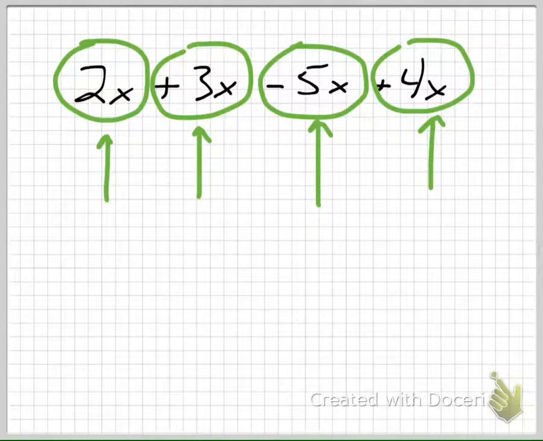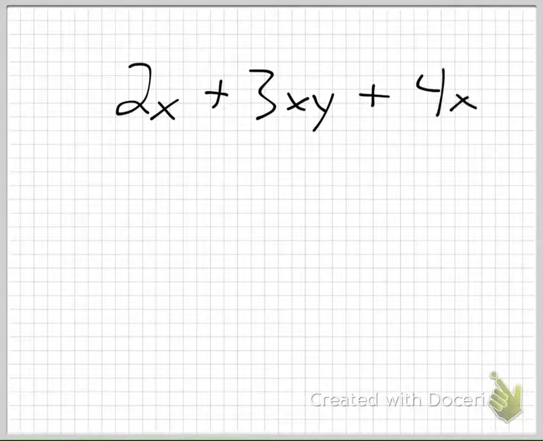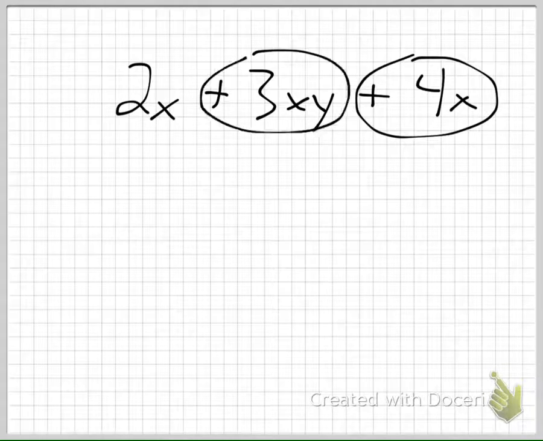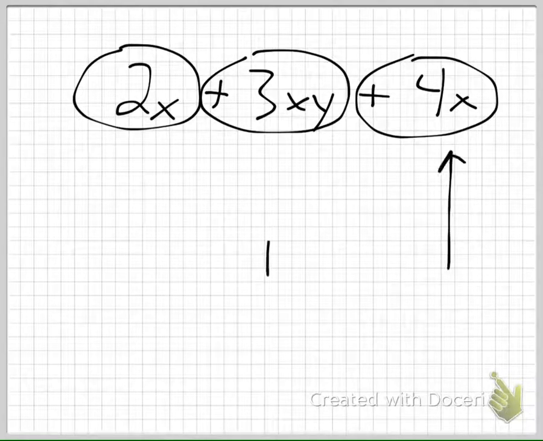Since that's true, they're like terms. If it was 2x plus 3xy plus 4x, there's a term, there's a term, there's a term, with a little invisible plus sign there, right? Is that identical to that? No, there's a y there. They're not identical. Therefore, they are not like terms.